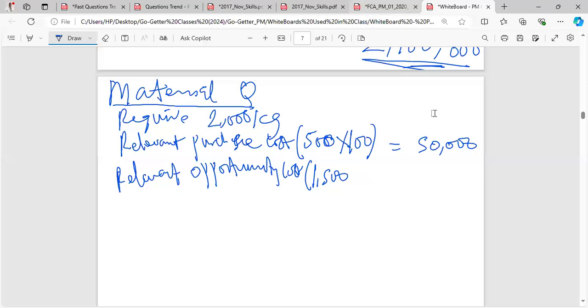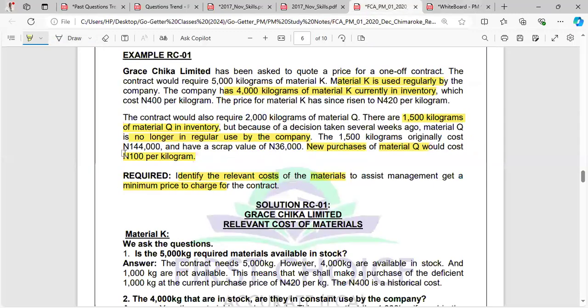Now, what is the opportunity cost here? The material originally cost us 144,000. So that is a sunk cost. That is a past cost. It is not relevant. So it means that if we don't use the material for this one-off contract, the company could sell that material Q for a scrap value of 36,000.